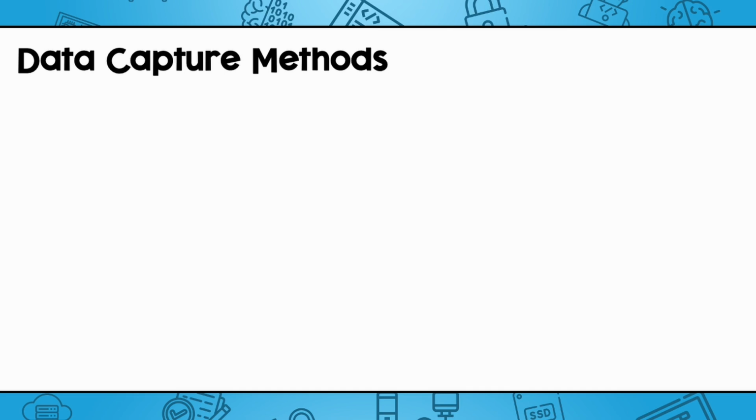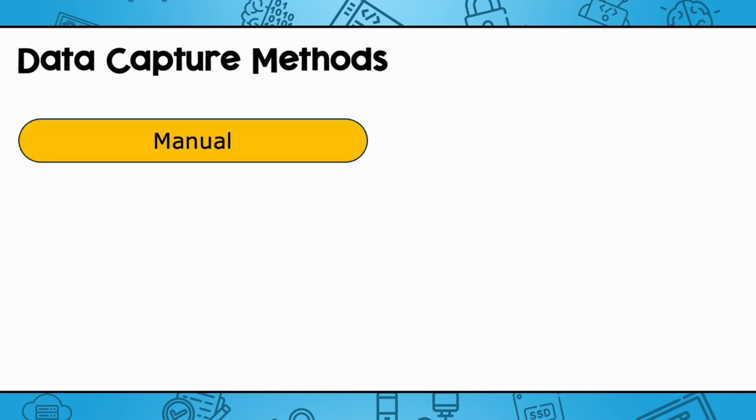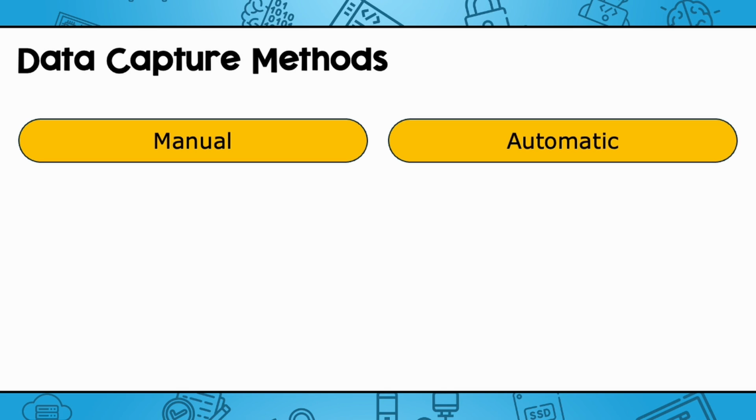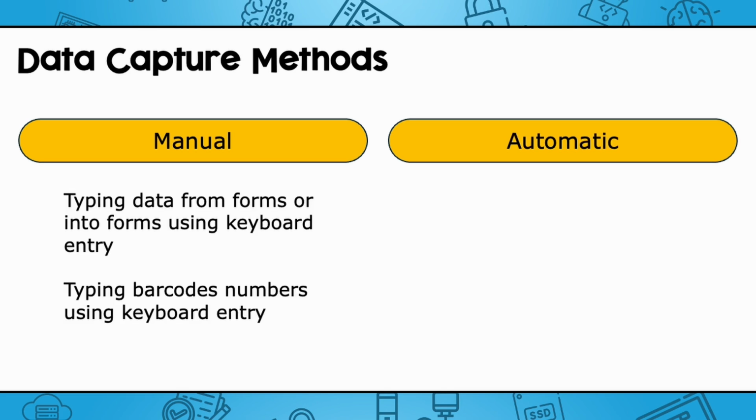First things first, a little recap on data capture methods. Data capture is the process of collecting information that we enter into a system. There are manual methods of doing this, and there are also automatic methods. Manual methods are simply somebody sitting with a keyboard and typing data from a paper-based form into a system, or maybe typing barcodes into a system using a keyboard. So manual entry is something that has been done for many years.